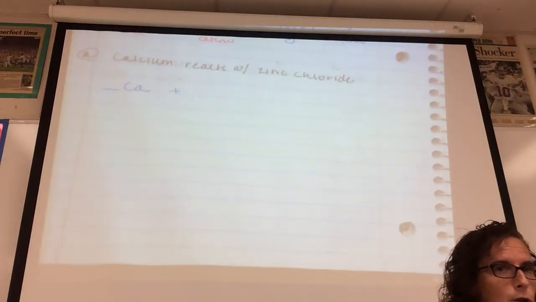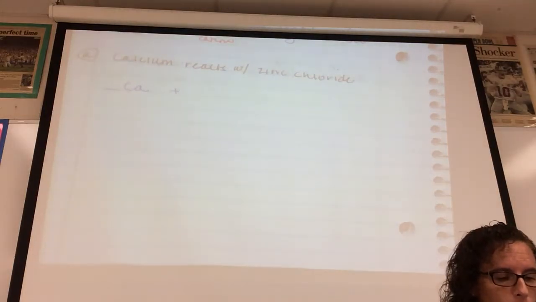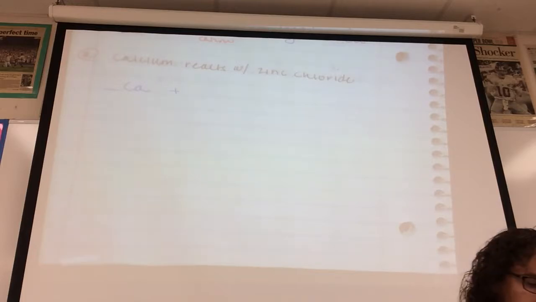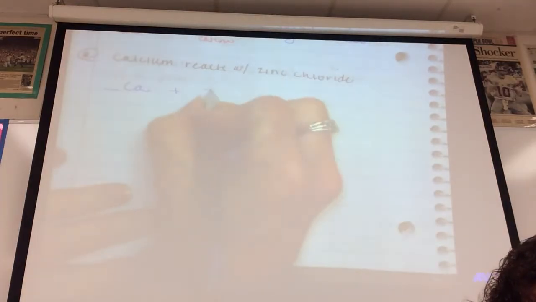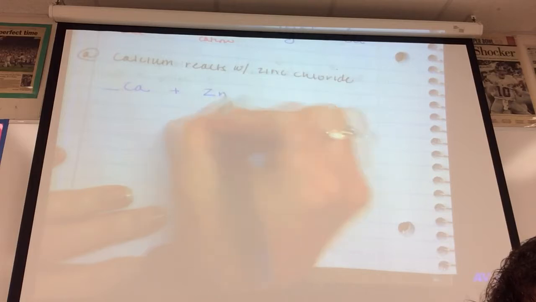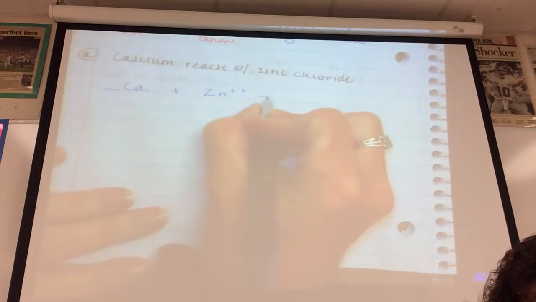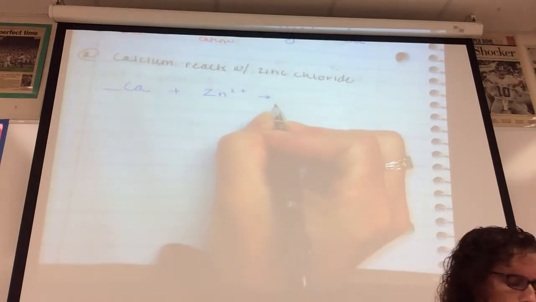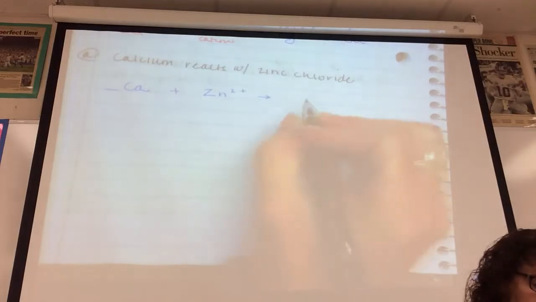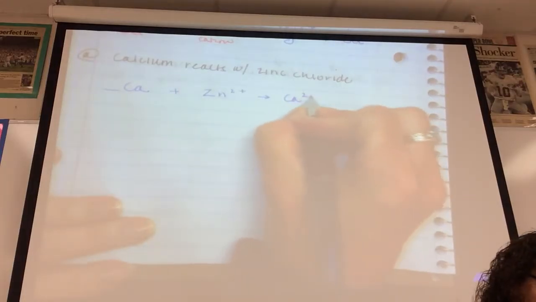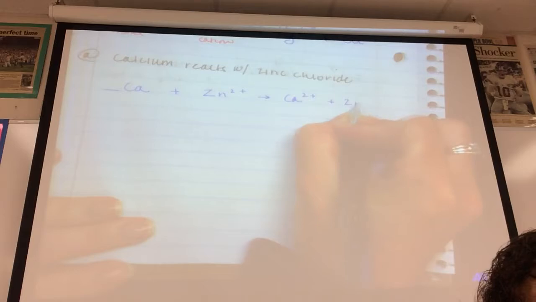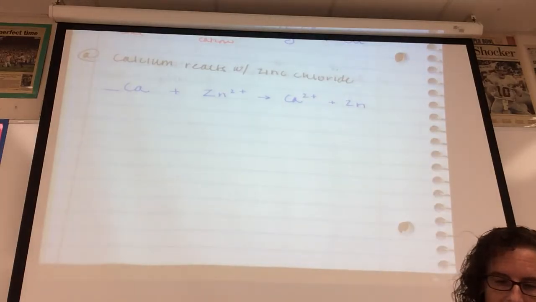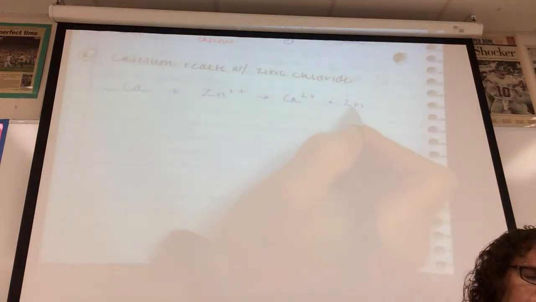So are you going after the cation component or the anion? Cation. And zinc always has what charge in a compound? 2 plus. And what are we going to form? Calcium ion. And zinc, the metal. What's the oxidation number of zinc? 0.